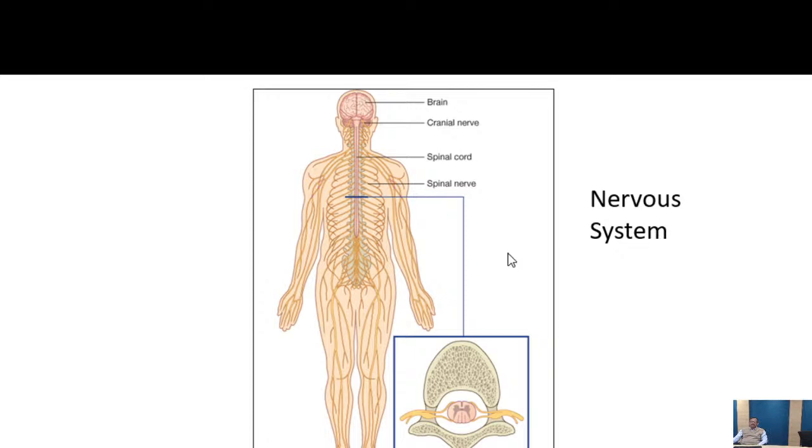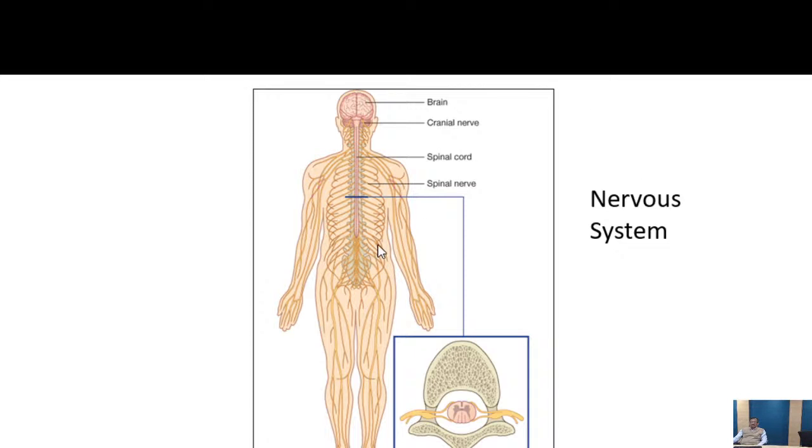I will introduce the nervous system. The nervous system is comprised of the brain and the spinal cord. This is the central nervous system. From the brain and spinal cord, various spinal nerves and cranial nerves arise, and these comprise the peripheral nervous system.